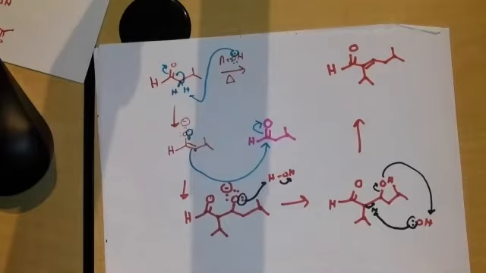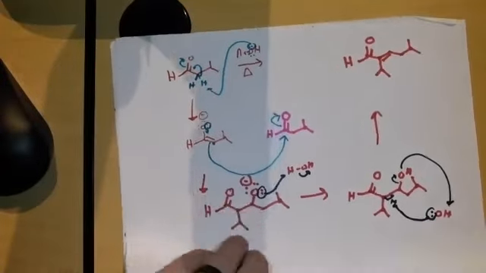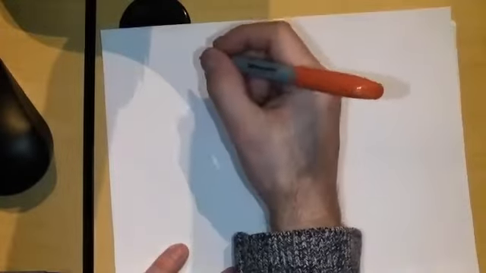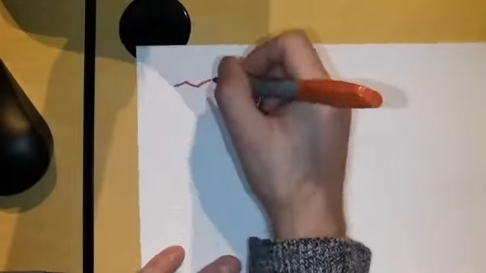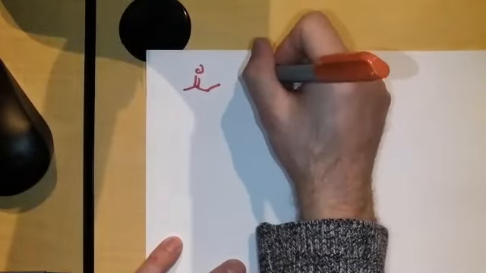All right, next one is a ketone, which makes it a little bit different because we've got to deal with selectivity now. So we're in NaOH, which is a small base.